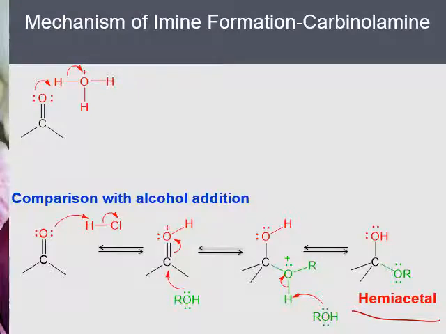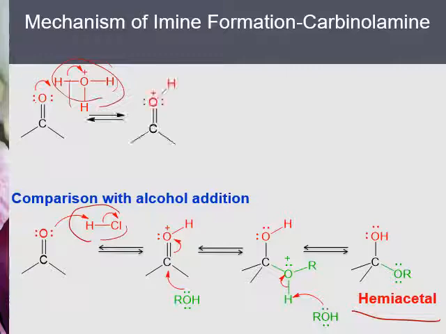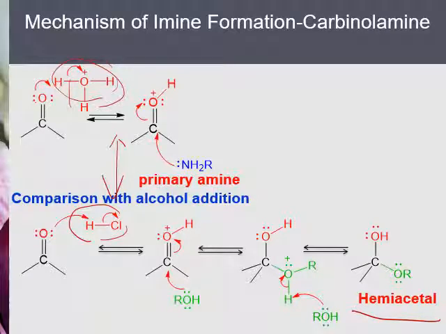We can also draw HCl, just like here, which is equivalent. Lone pair electrons on oxygen go to the proton, and here it forms water. So the ketone or aldehyde is protonated. These steps are the same. Next, the protonated ketone or aldehyde is under attack by an amine. We use a primary amine as an example.